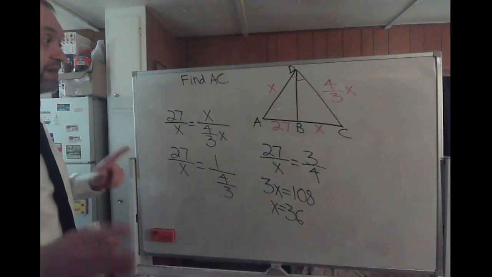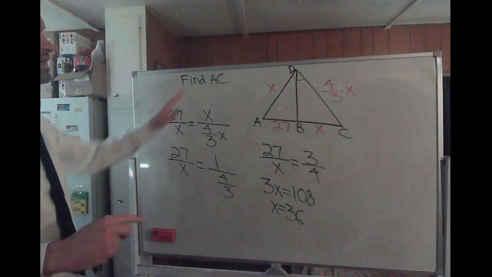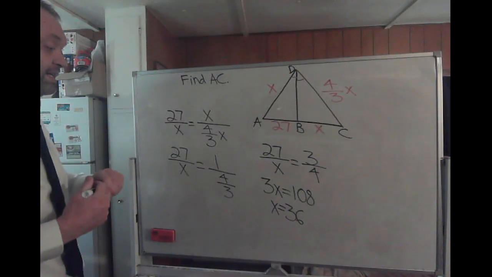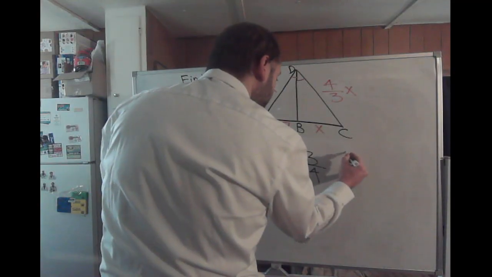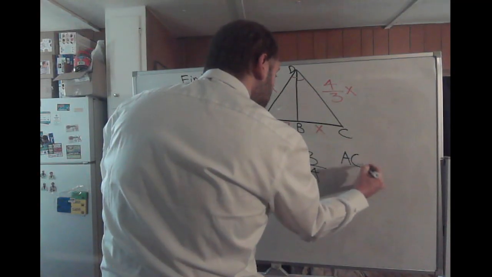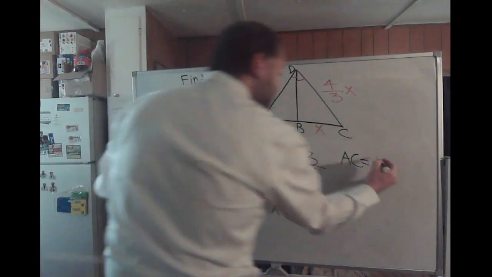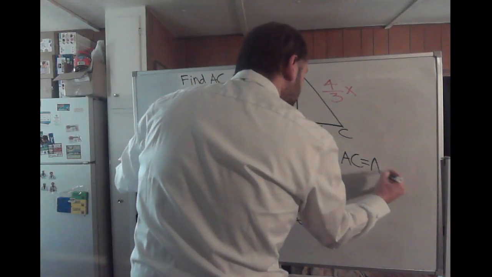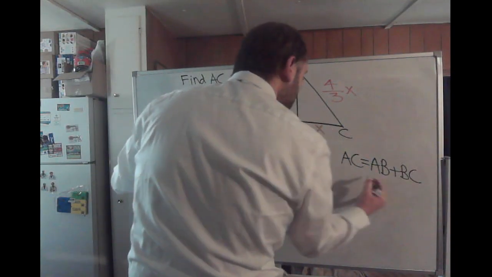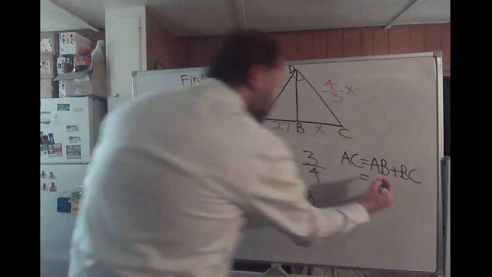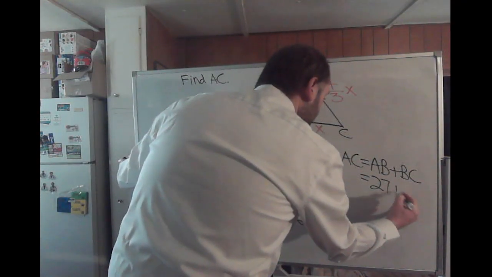That's great, we found the length of x, but they really want the whole length of AC. Well, AC is equal to the length of AB plus BC, which would be equal to 27 plus x.